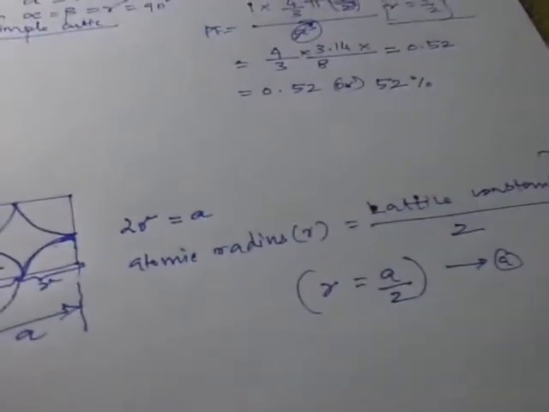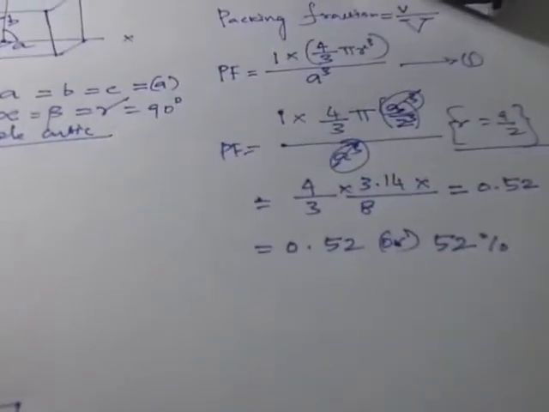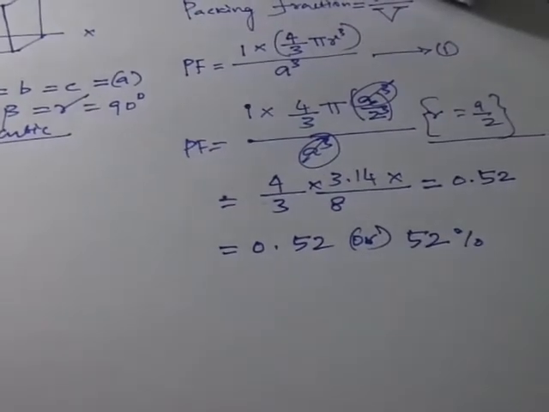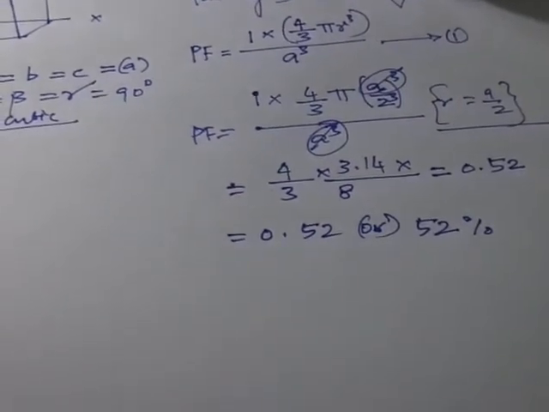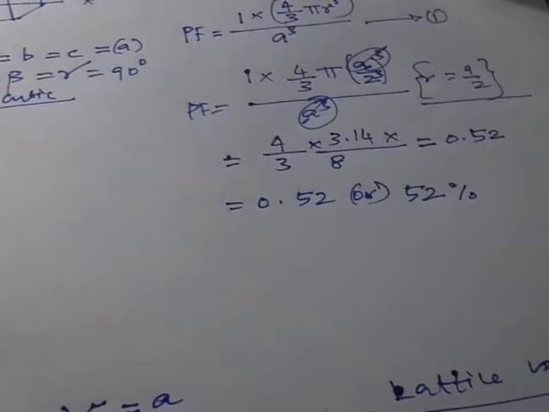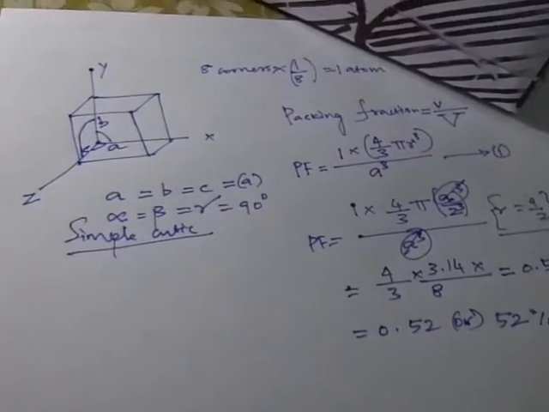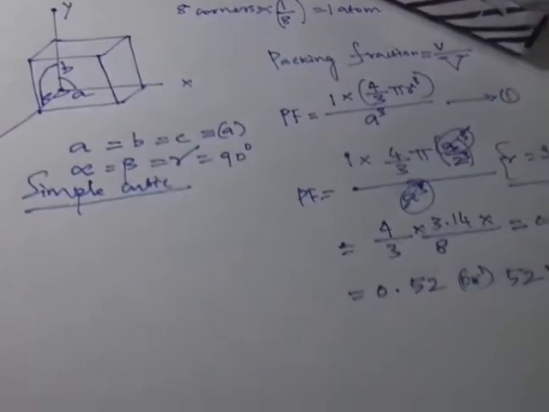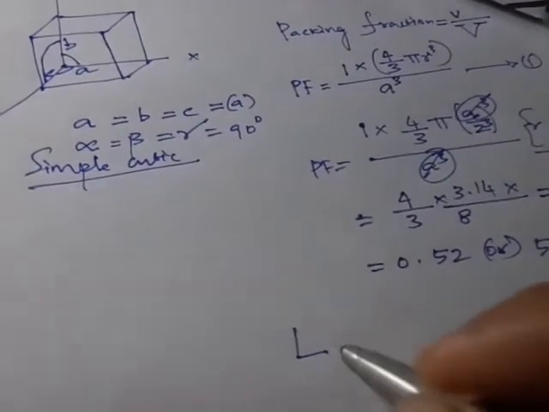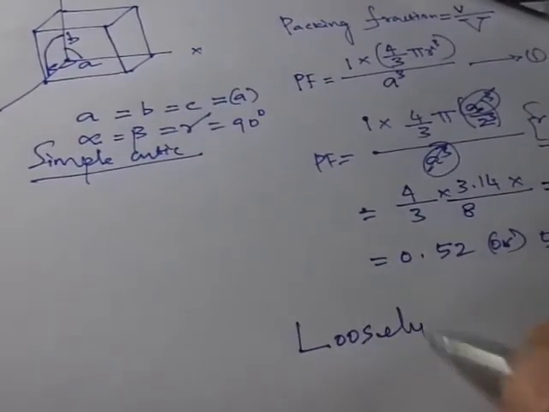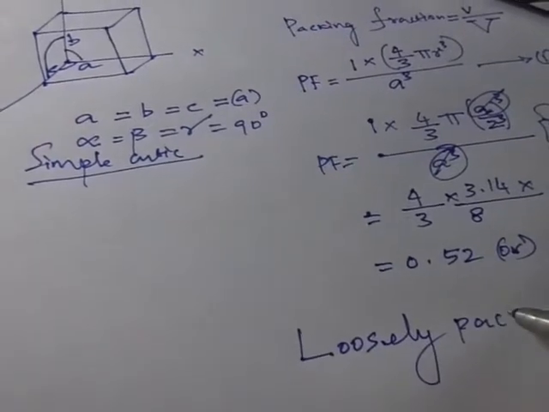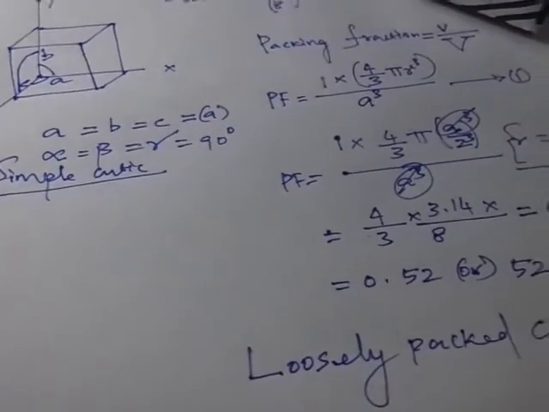So this is equation A, and this is what we have substituted in our previous case. This R is equal to A by 2, we have substituted in the packing factor equation and obtained this 0.52 or 52%. Since we are getting only 52% of the atomic content packed inside the simple cubic crystal structure, we call it a loosely packed crystal structure.